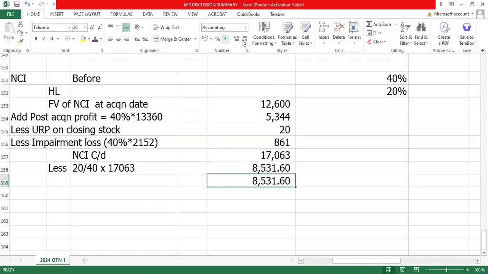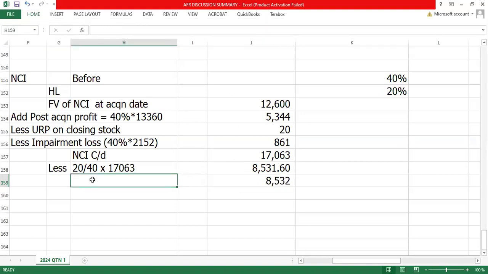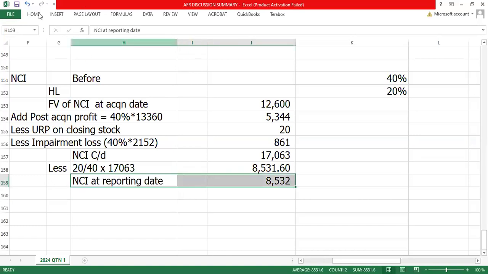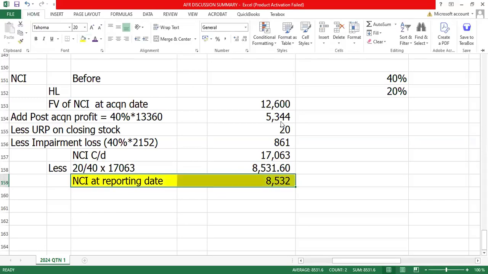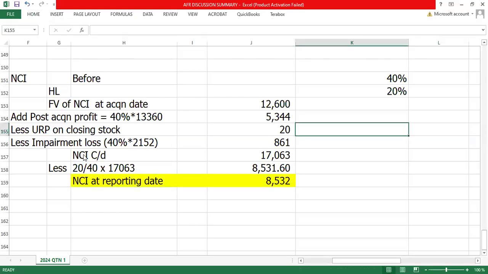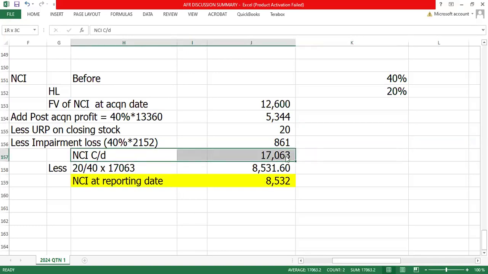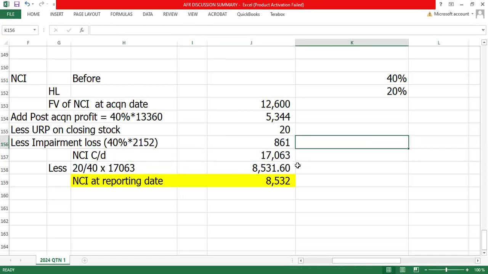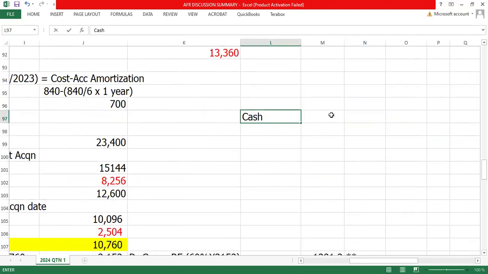You'll be left with that as your NCI at reporting date. The impact is here, because now the NCI value is no longer this one. As you close off, the NCI has reduced by 20.